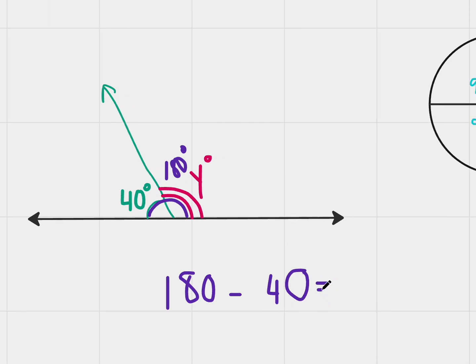So 180 minus 40 gives you 140. And so the value of angle y is going to be 140.